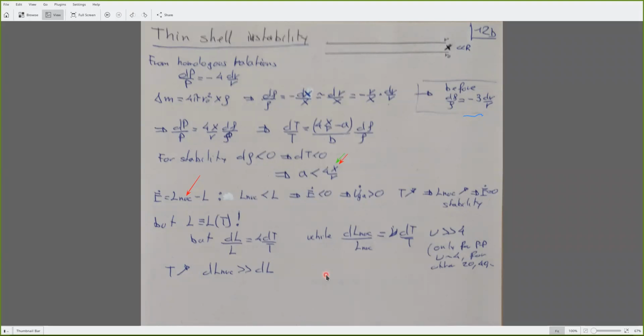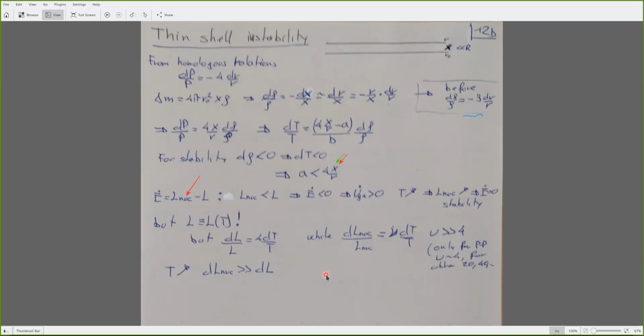Then you can have this instability in all the situations where you have a shell burning in nuclear reaction, easily depending on the temperature. But after that, you have the burning of the helium and the start of the burning of the other.